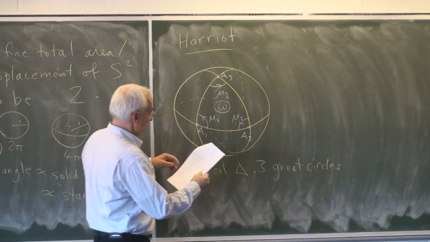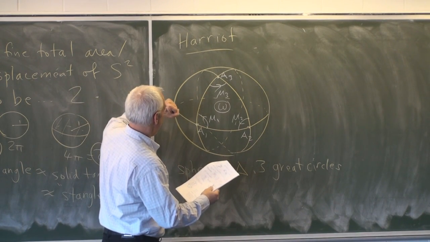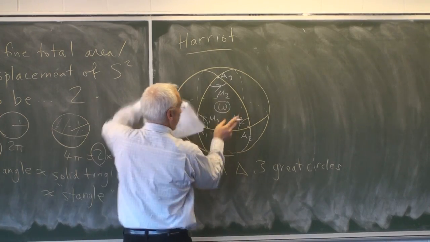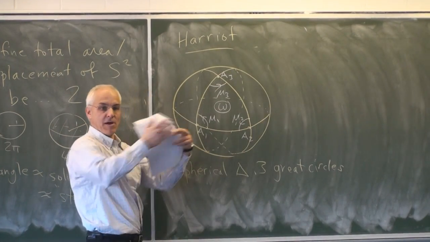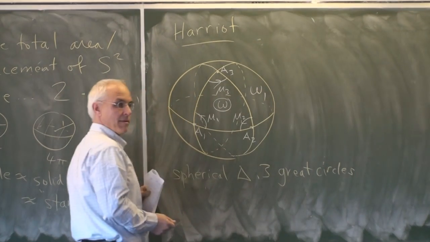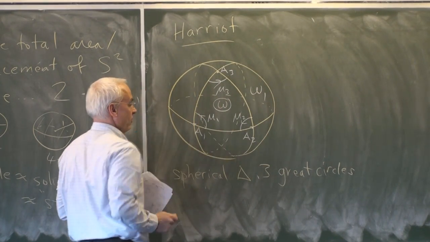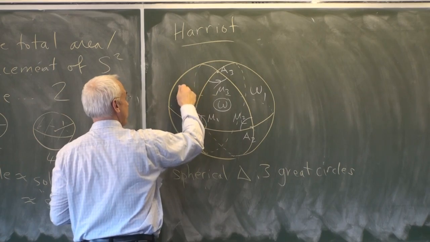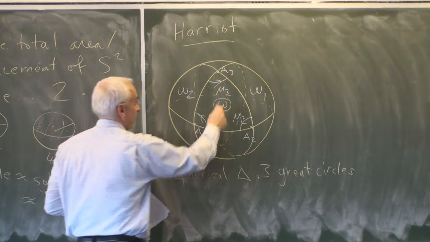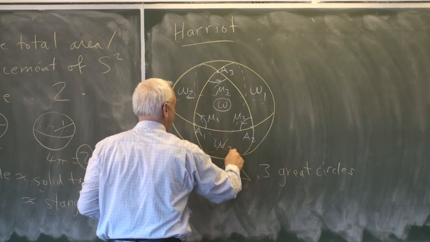So directly adjacent to this side, there's another, like a boat, which I'm going to call omega 1, because it's opposite the vertex 1. And the one opposite the vertex 2 over here, we'll call that omega 2. And the one opposite here, we'll call that omega 3.